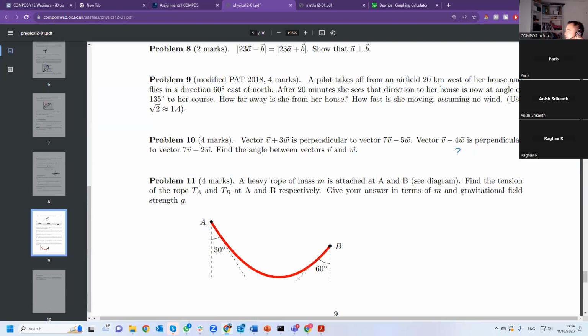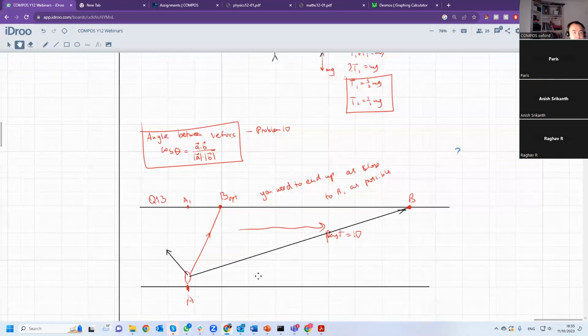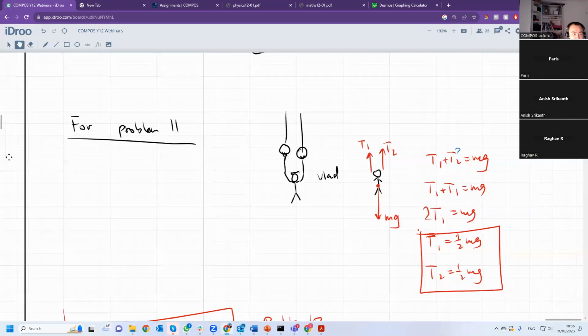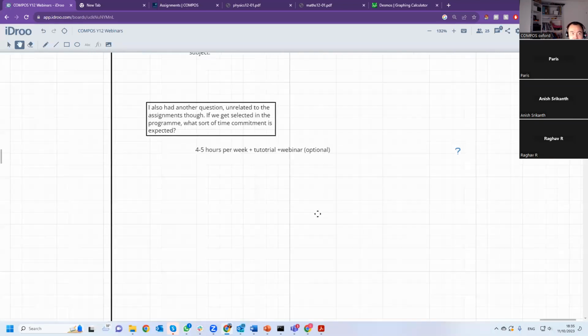I've already said, try cutting the rope. Could you give a starting point for question 11, please? Draw the forces. Draw the free body force diagram. Very similar to that, except the forces won't be vertical.